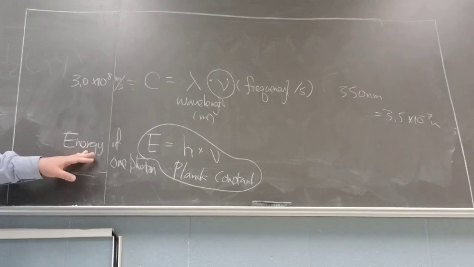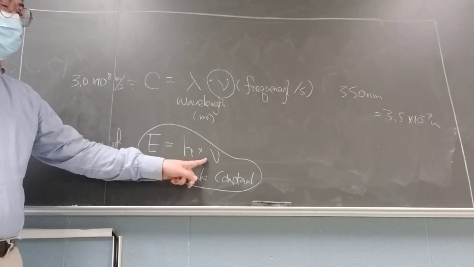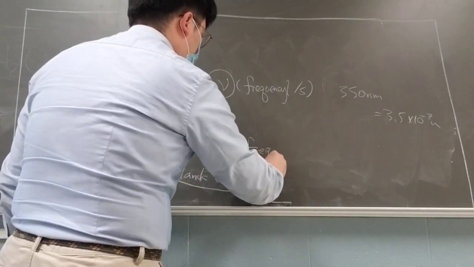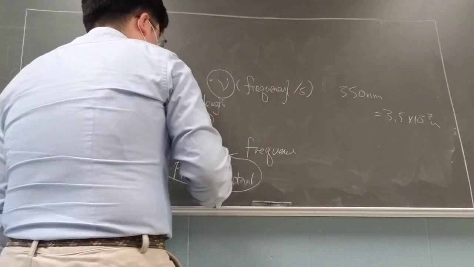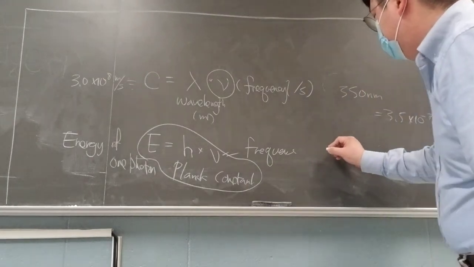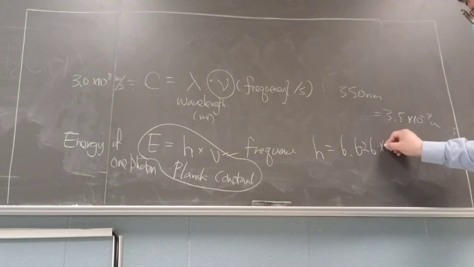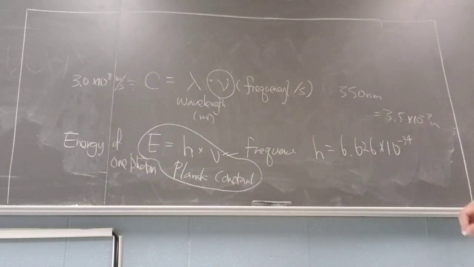And that amount of energy comes from the Planck constant times frequency. The Planck constant is 6.626 times 10 to the negative 34, in joule times second.